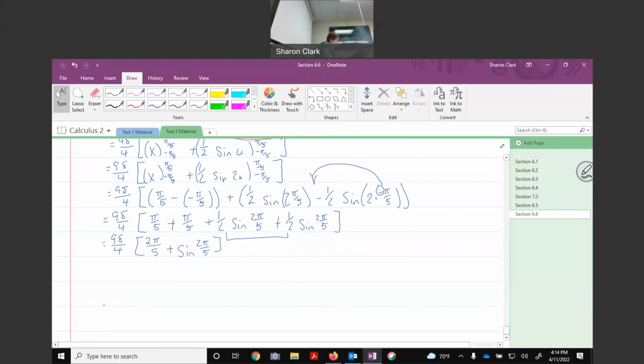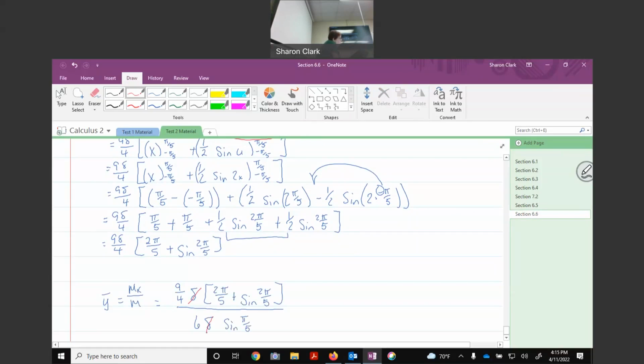Okay. So now y bar is Mx over M. So that's going to be 9 over 4 delta times 2 pi over 5 plus sine 2 pi over 5, over 6 delta sine pi over 5.